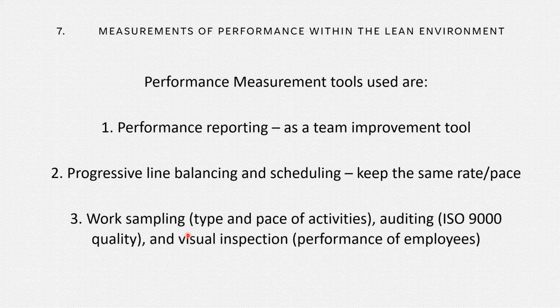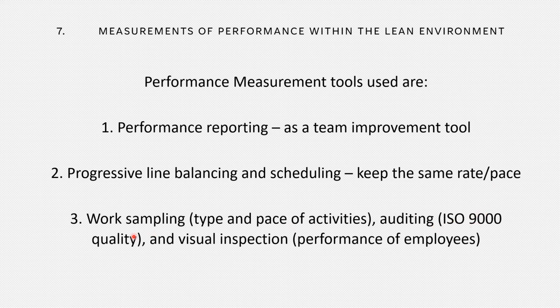And work sampling, type and pace of activities, monitoring, auditing, and in other words, these are just documentation, certification, standards that we follow in order to audit and monitor. You can't just monitor with whatever you think it is. You have to monitor in the way you've been trained to, so that the system is going to go the way you want it to go.